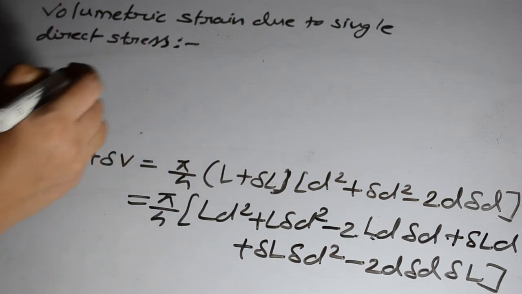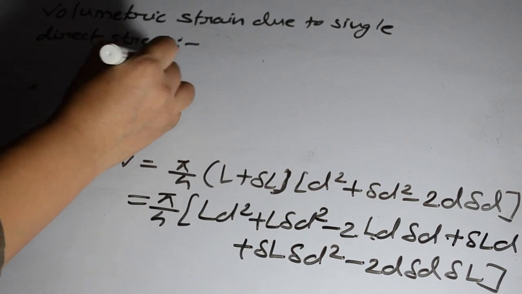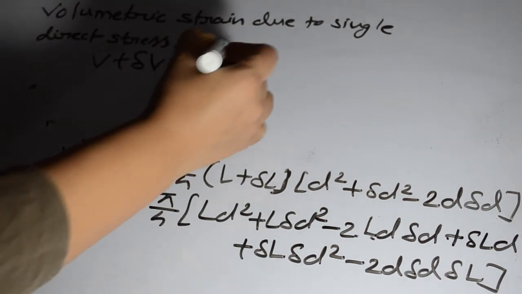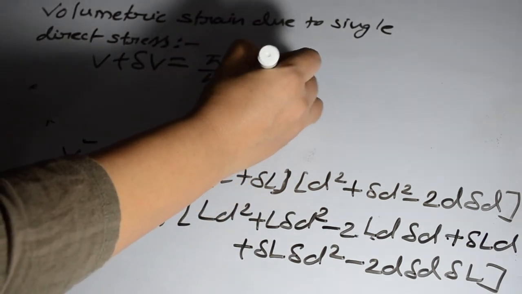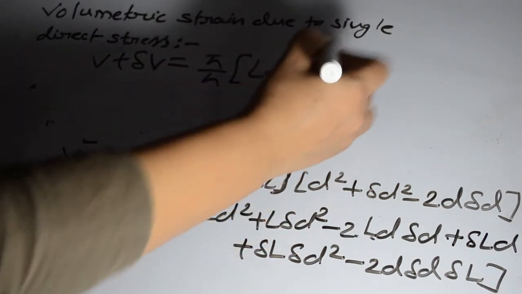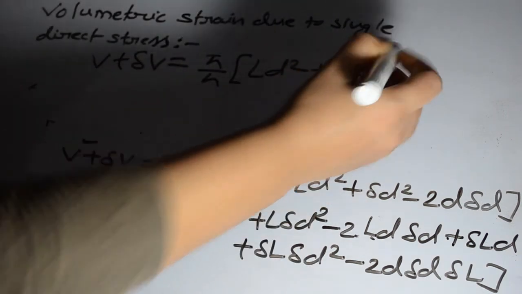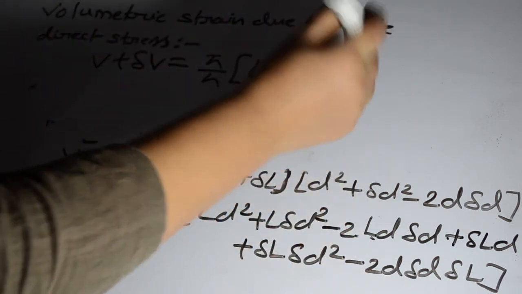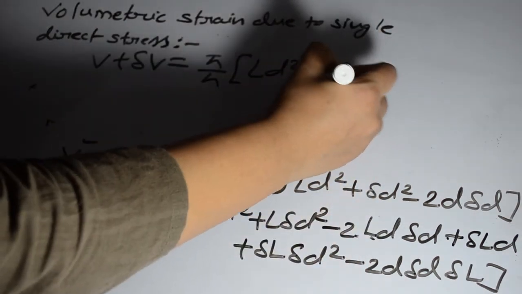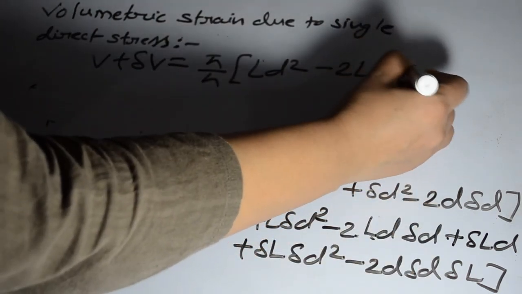the final equation for V plus delta V is equal to pi by 4 L d square plus L delta d square, this will be eliminated, so we will have minus 2 L d delta d.